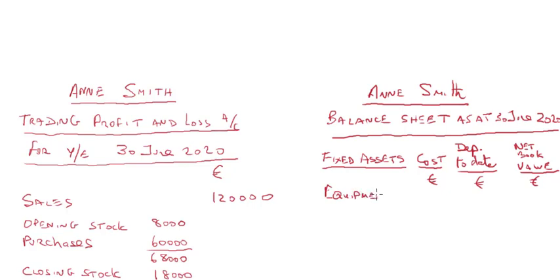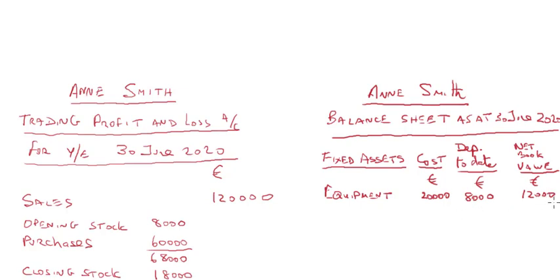and we're going to show the cost, which is 20. Remember, it was purchased in the first year for 20, and now the depreciation to date, we have to put in 2 years depreciation. 4,000 and 4,000 is 8,000. Okay, and now to get the net book value, we just subtract 8,000 from 20 and we get the 12,000, and we did that before.